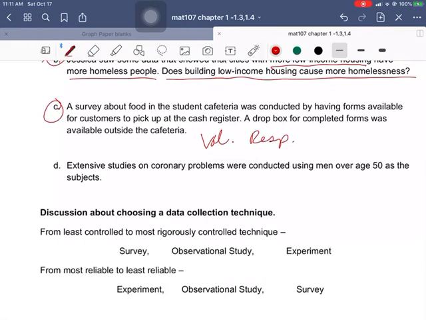Extensive studies on coronary problems were conducted using men over the age of 50 as subjects. So they found out that in the past, a lot of experiments and studies were done with just men, and that, gosh, women don't seem to be the same. So they made assumptions about men being the proper choice.